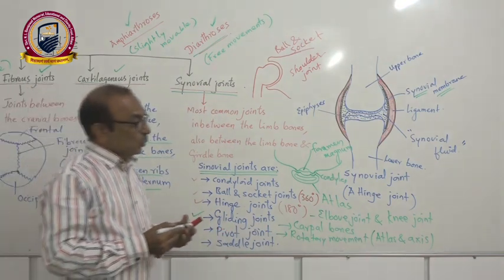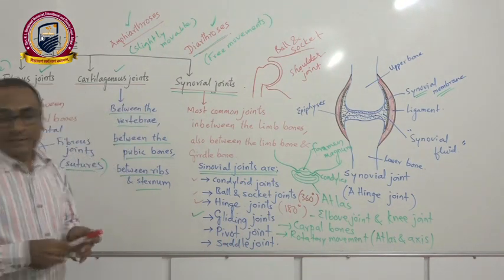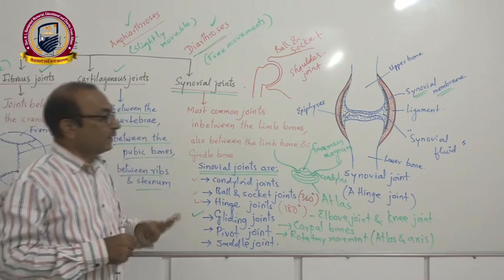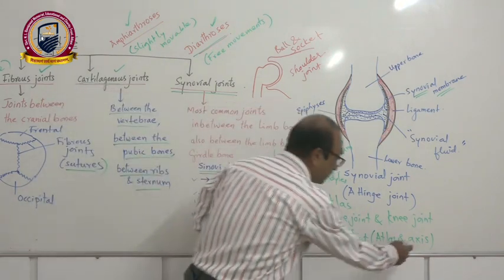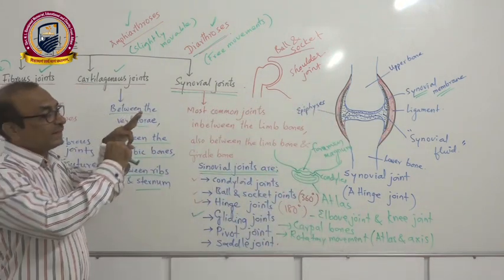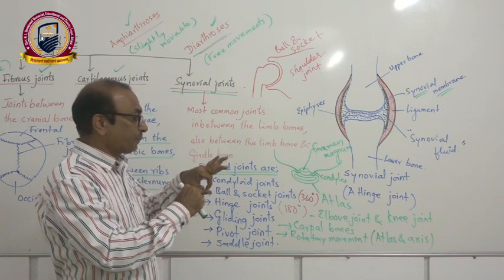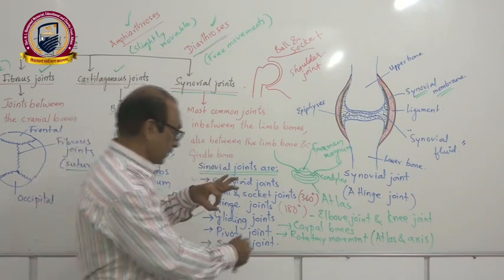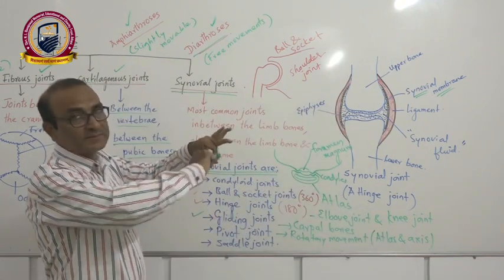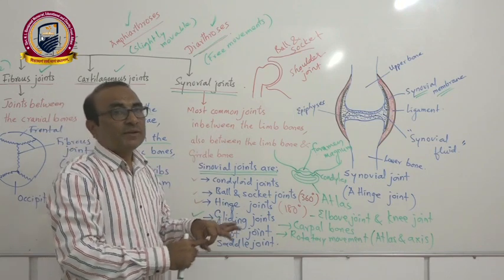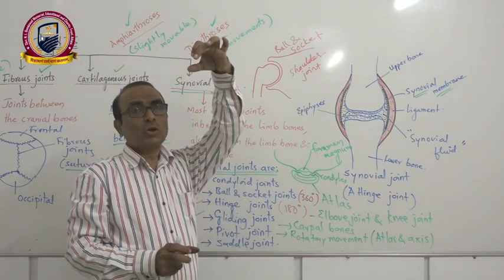These two are articulating by a kind of joint called a pivot joint, where the atlas is a ring-like vertebra, and the next vertebra, the second cervical vertebra, is called the axis, which has got an elongated process that is articulating with the atlas, forming what is called a pivot joint, and that allows this rotatory movement. So when we turn our head on both sides, the backbone is not getting tilted.